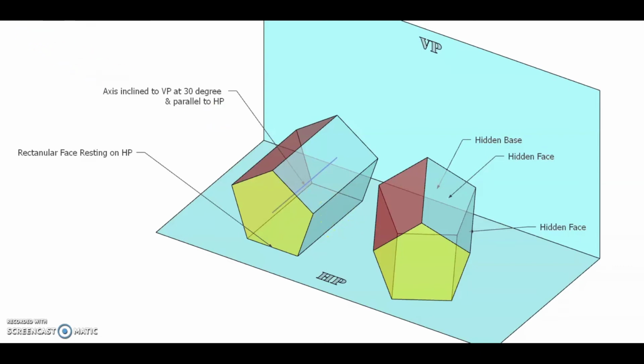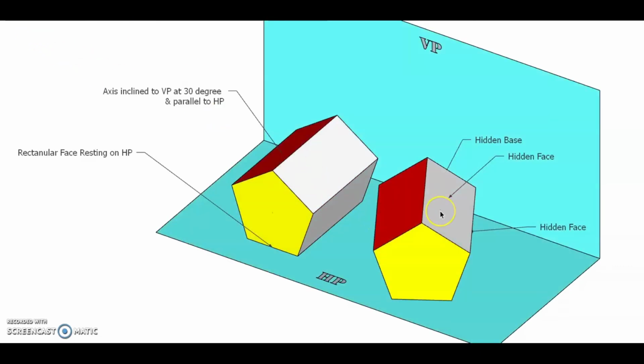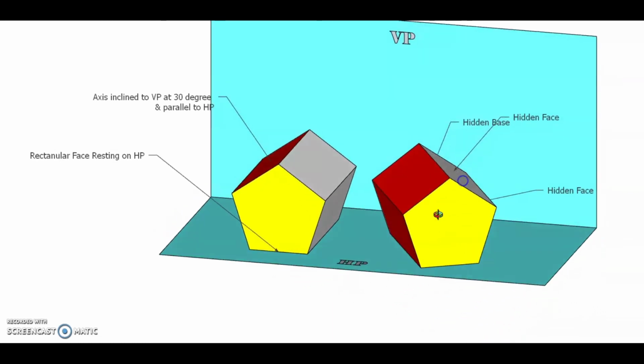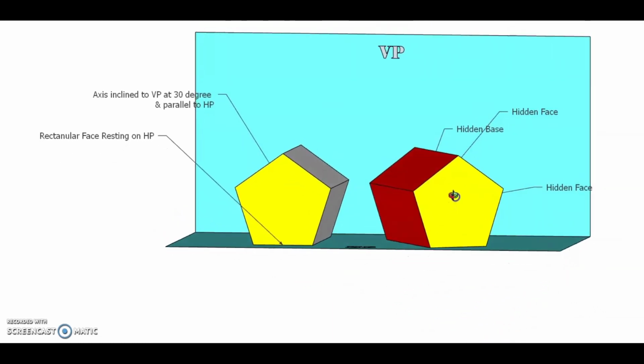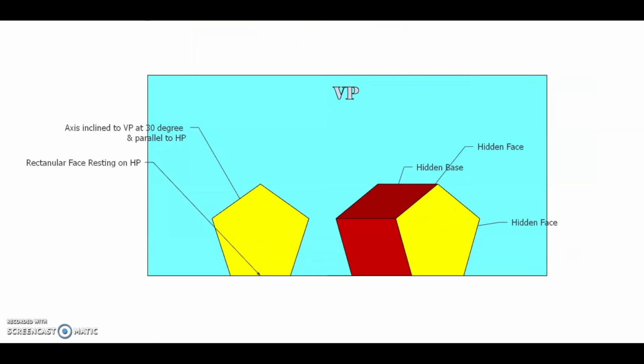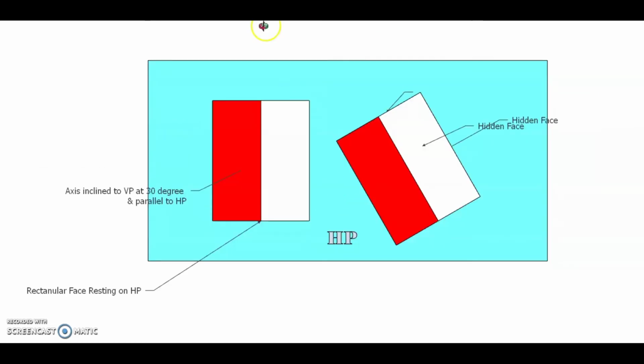Means in inclined condition, the pentagonal prism will be placed in this way. So its front view appears like this one, and its top view appears like this one.